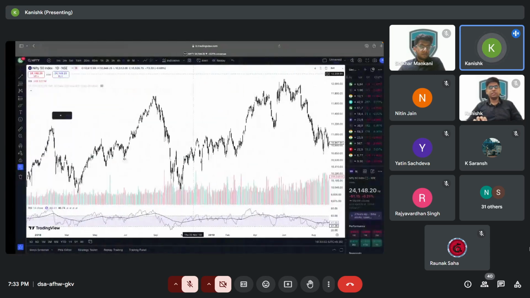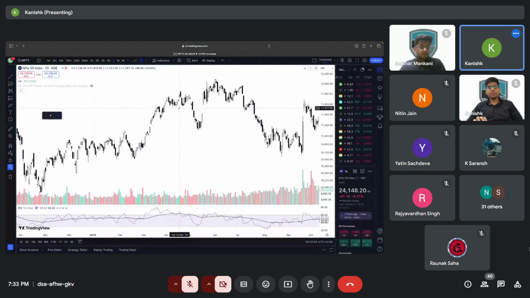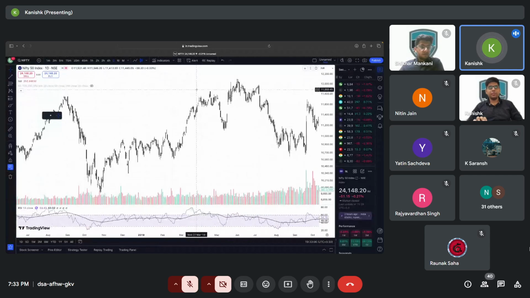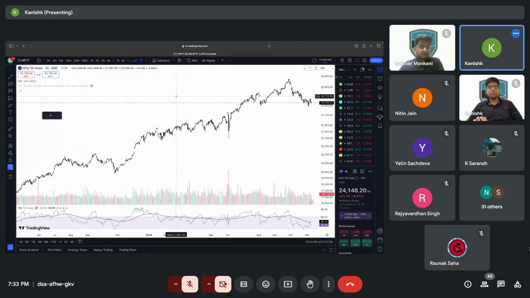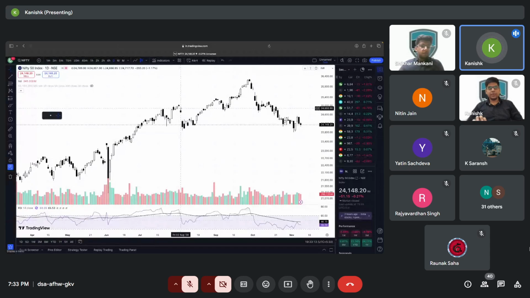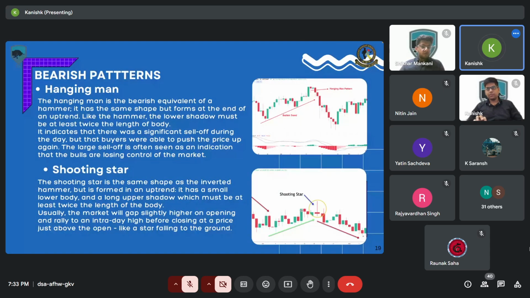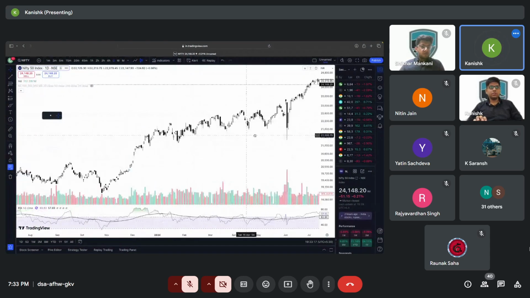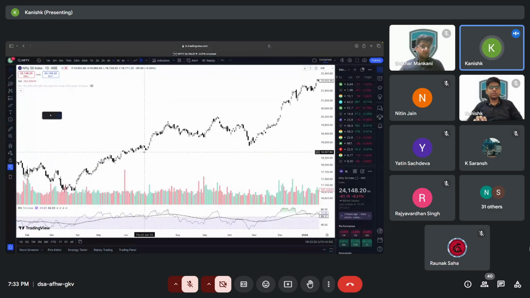Now let's find the inverted hammer here. See, this is an example of an inverted hammer on the Nifty chart. Just a second. See this one, the same example as in the figure.